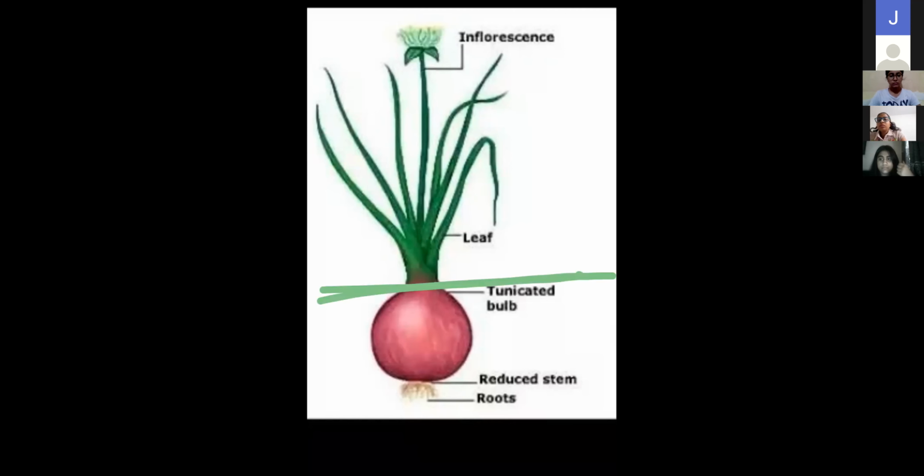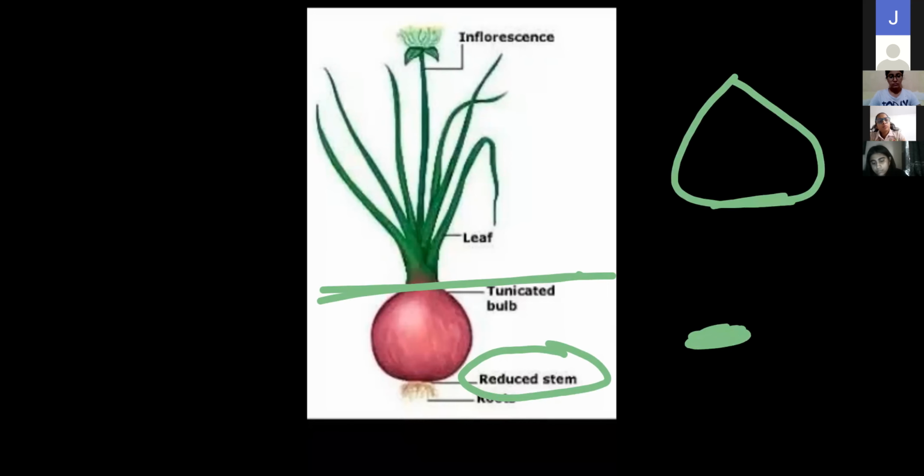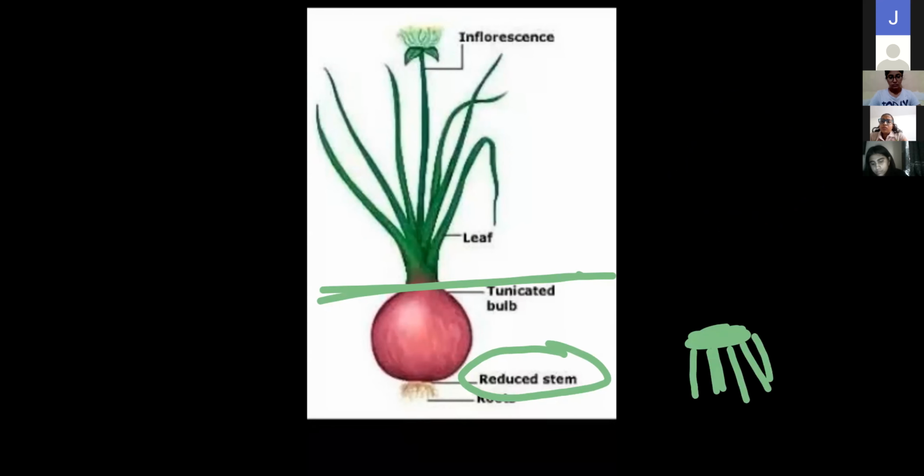If you can make out over here, stem is there, but very much reduced, a disc shaped stem. If you have carefully observed an onion, at the base you can make out thin thread-like blackish brownish colored structures. They are the roots, remember. So disc shaped stem, then here the roots are there.